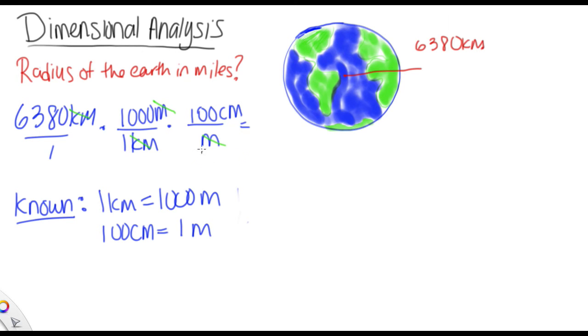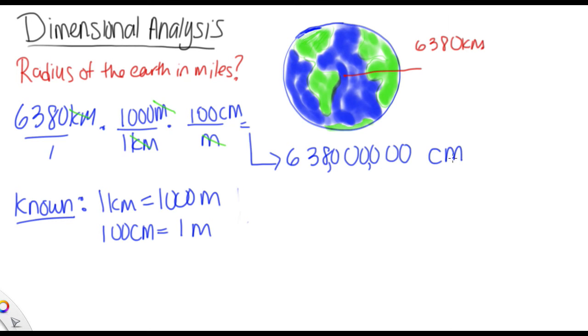Actually, right now we can calculate 6,380 times 1,000 just adds 3 zeros, times 100 adds another 2 zeros, and that would be in centimeters because that's the conversion we have so far. So let's clean that up. We have 638 million centimeters so far.